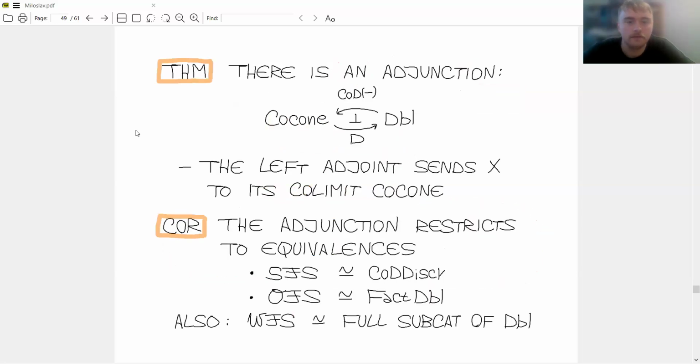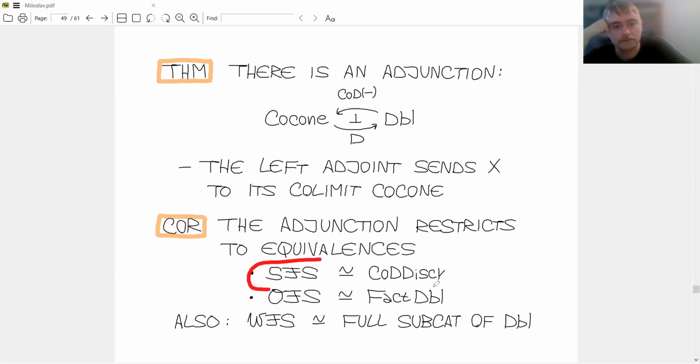Now you can prove that there's an adjunction like this, where this D, we have just seen it, sends a cocone into the double category of commutative squares. And the left adjoint sends a double category into its colimit cocone. We have seen the colimit cocone, just as any cocone of a double category, is an element of this one. And this is done using the codescent object. And now what can also be seen is that this adjunction restricts to all the equivalences we have seen.